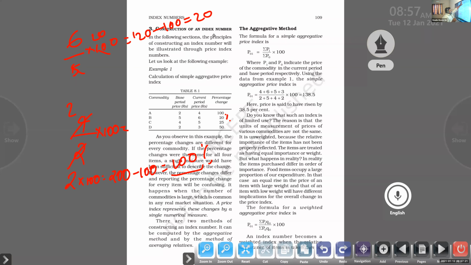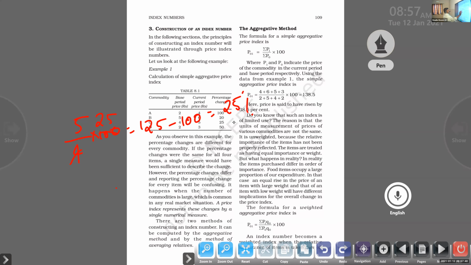Okay, so we got it. Next, 5 is the current price and the base price is 4, into 100. That is 125, minus 100, again 25. So 25% is the growth. Clear? Next, the last one, D. Current price is 3, base is 2.